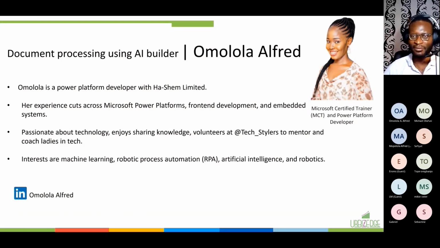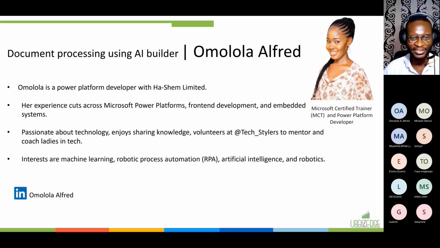So today we have Omolola Alfred, and she's going to be doing some power stuff for us. She's a Power Platform developer with Ha-Shem Limited. Her experience cuts across Microsoft Power Platform, front-end development, and embedded systems. She's passionate about technology and enjoys sharing knowledge. She volunteers at Textilas, where she mentors and coaches ladies in tech.